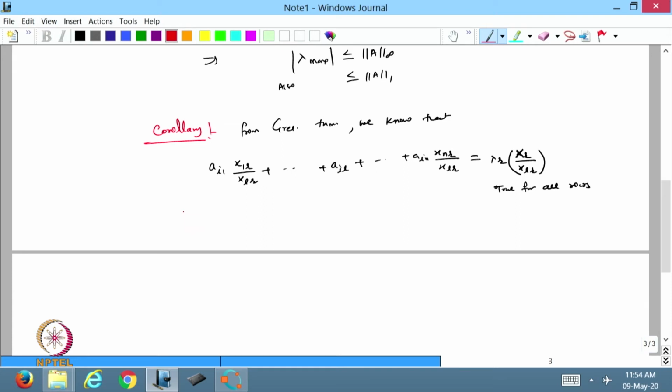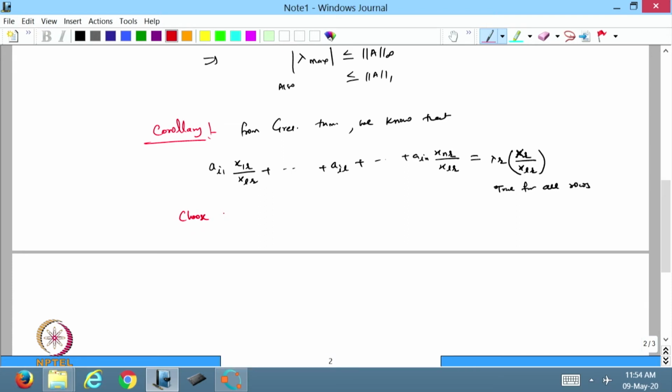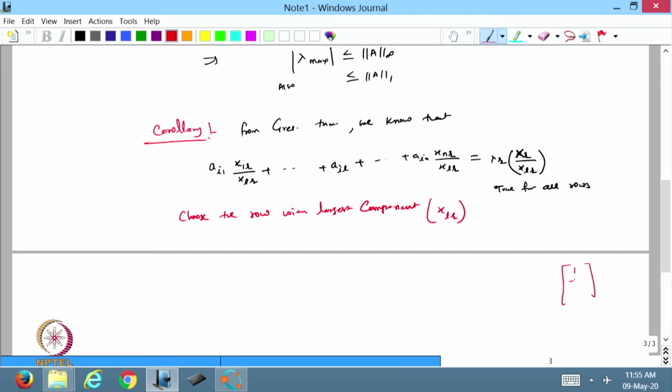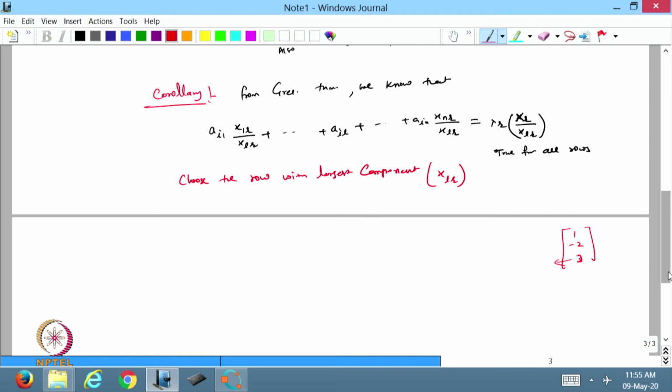We choose the row with the largest component, that is x_Lr. For example, suppose I have the vector 1, minus 2, 3. In this case I am choosing the third row, because the third row has the largest element. So, I am choosing that row which has the largest element, that is x_Lr.